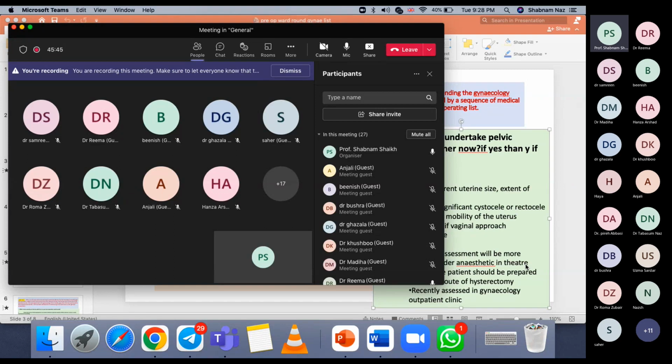Vaginal examination might be uncomfortable for the patient in the ward, so I will do it under general anesthesia before doing the procedure, right?